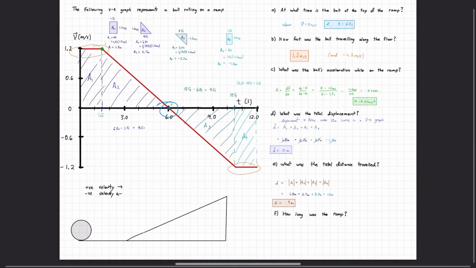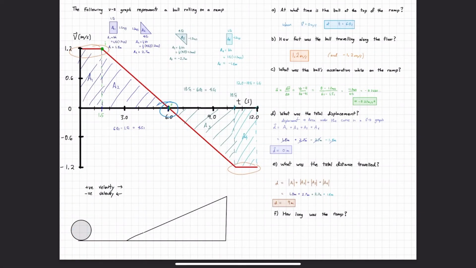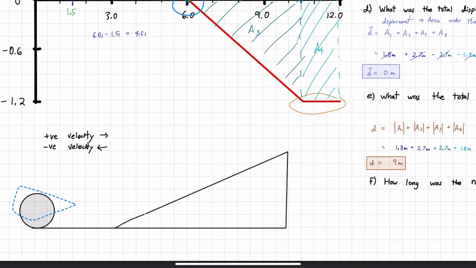So that means in the time that the ball was rolling, from the time we start the stopwatch, goes up the ramp and then back down, the ball traveled a total distance of 9 meters.